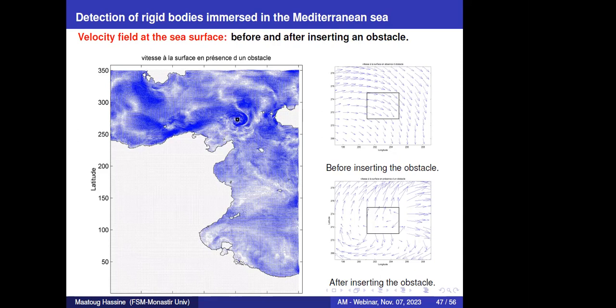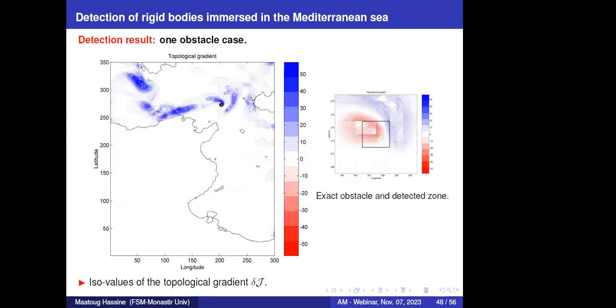Our detection is based on the measurement of the velocity field on the surface in a local zone of the sea.